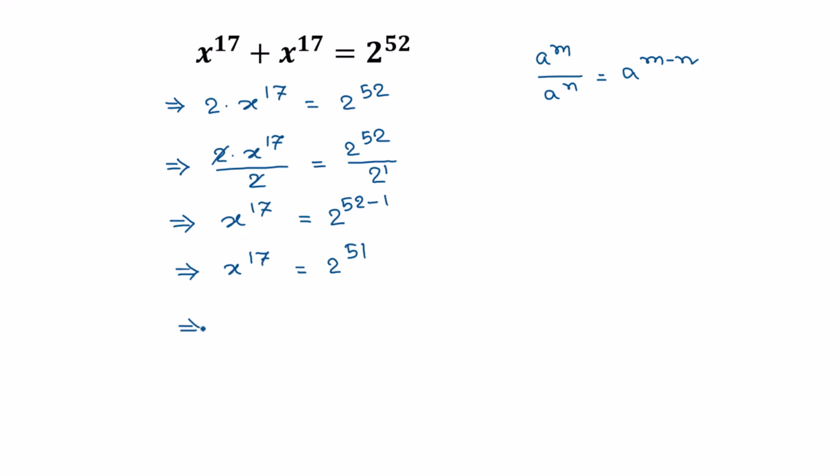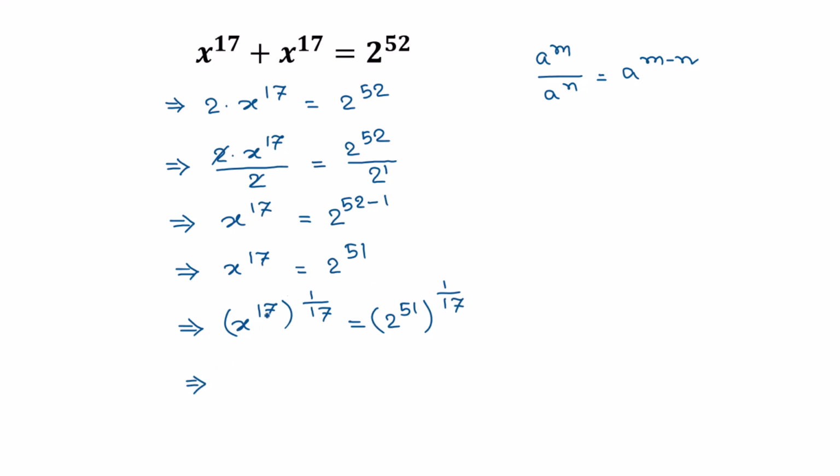Now raising both sides to the power 1 over 17, we will get x to the power of 17 whole to the power of 1 over 17 is equal to, on the right side, 2 to the power 51 whole to the power of 1 over 17.